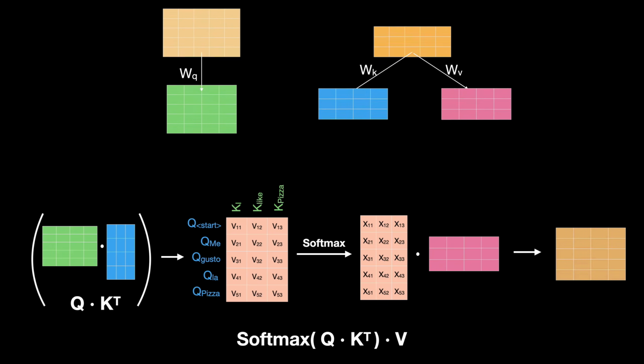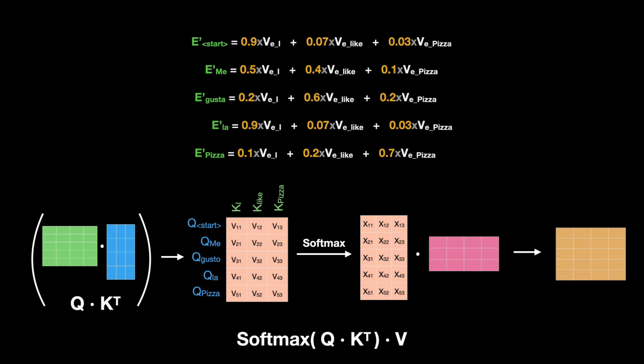If we expand the equations for all the words, then it will look something like this. We will obtain new contextual vectors for each word in the decoder. And these contextual vectors are obtained by a different proportion of value vectors obtained from the encoder's output. These proportions are decided by the similarity score.